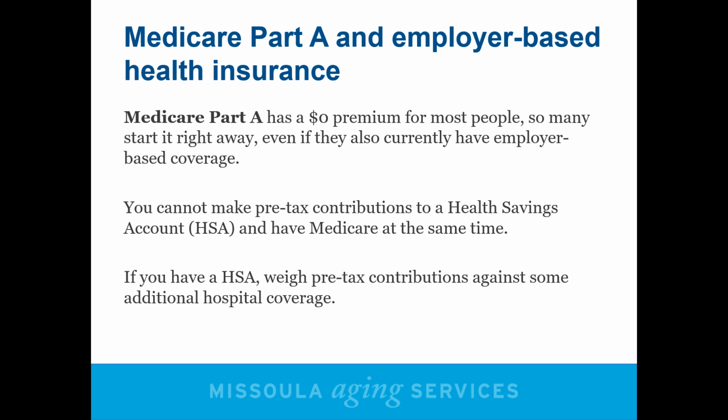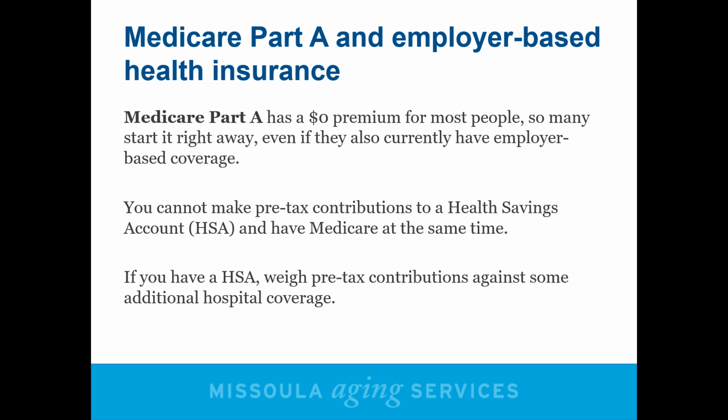Something I really want to be clear on too that is very important about this is that if you put off starting Medicare Part A after your 65th birthday, and then you choose to start it a little later, let's say 2 months after you turn 65, well, it's going to go back retroactive to the month that you turned 65.